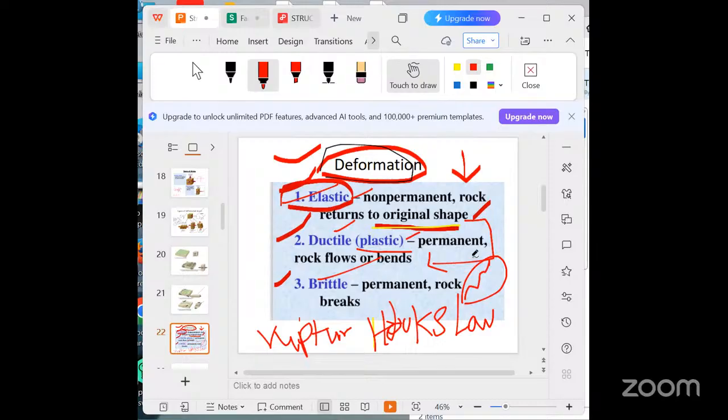Although most of the structural features observed by structural geologists are the result of deformation beyond the elastic limit, the same parameters of length, mass, time, and force are involved, right?